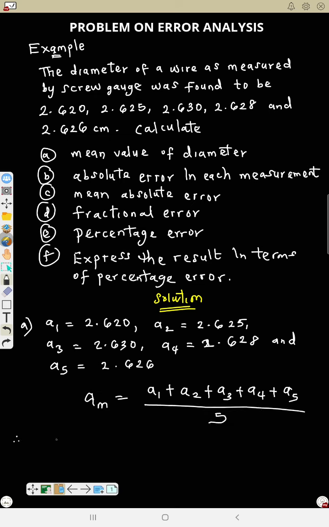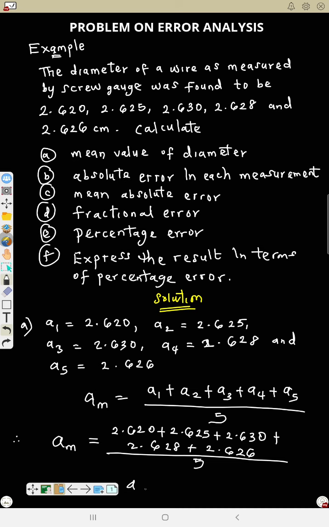Therefore AM, that is the true value or mean value of diameter, is 2.620 plus 2.625 plus 2.630 plus 2.628 plus 2.626, divided by 5.